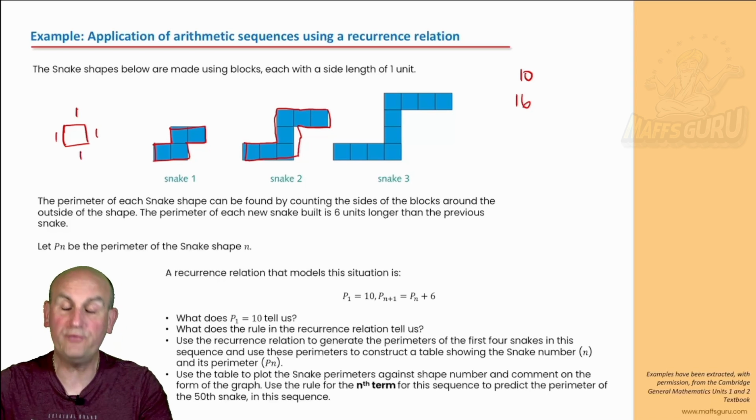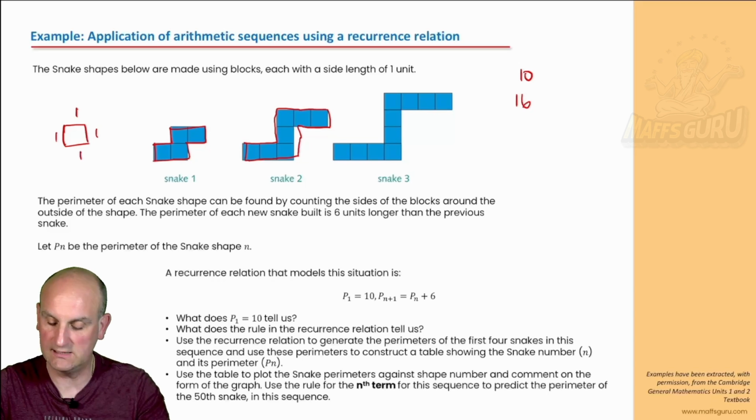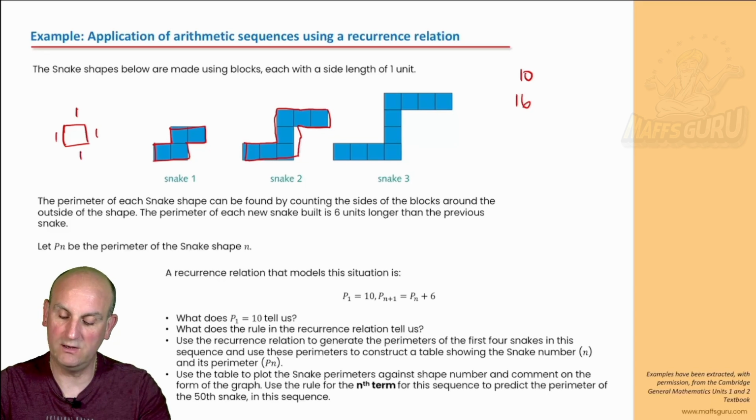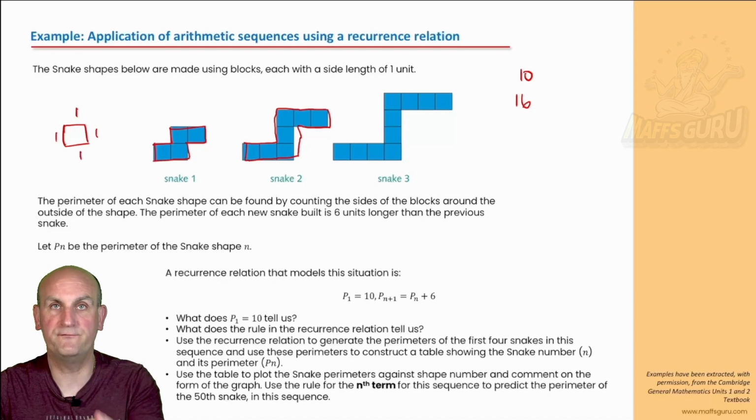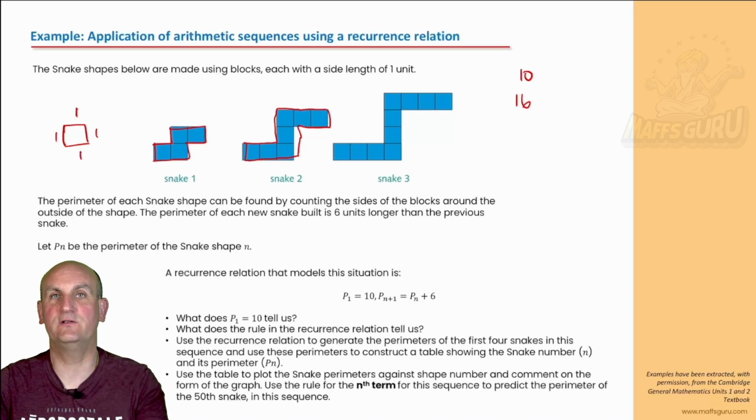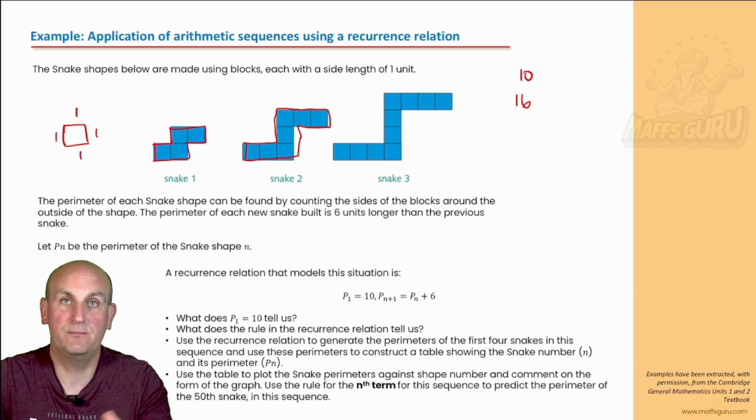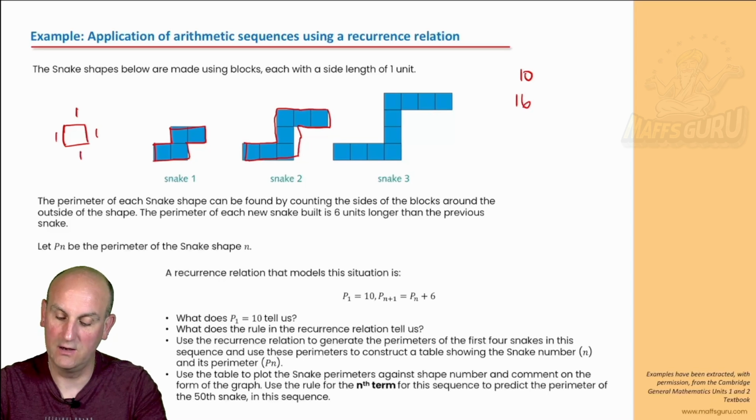Right, so if we work through the questions, I'm going to do a lot of this on my calculator if that's okay. What does P1 equals 10 tell us? It tells us the perimeter of the first shape is 10 units. Ka-ching, thank you very much. They're not asking you to say it's the first term, they're asking you to say the perimeter of my first shape is 10 units. What does the rule in the recurrence relationship tell us?